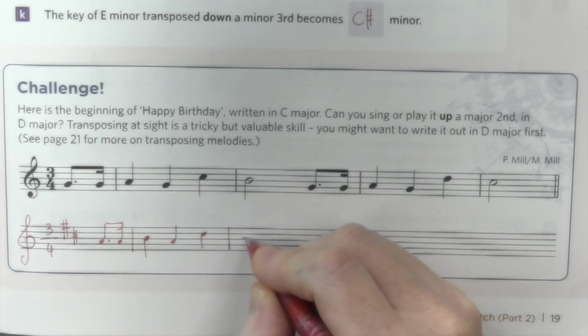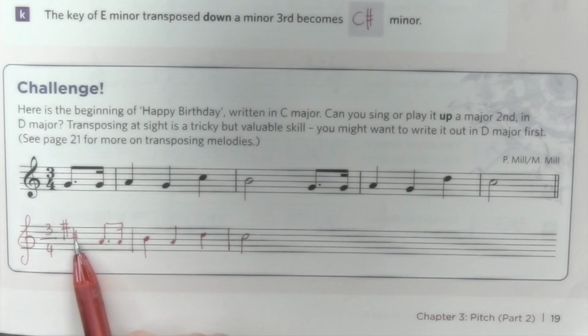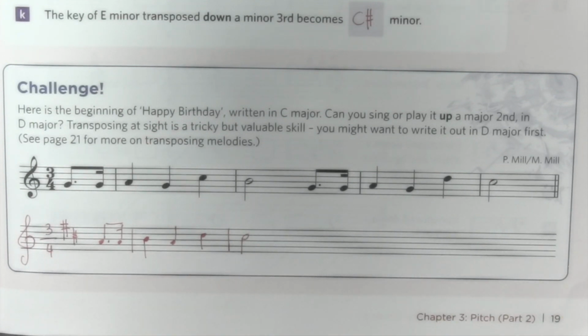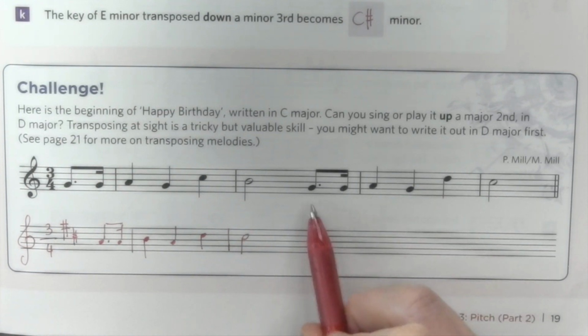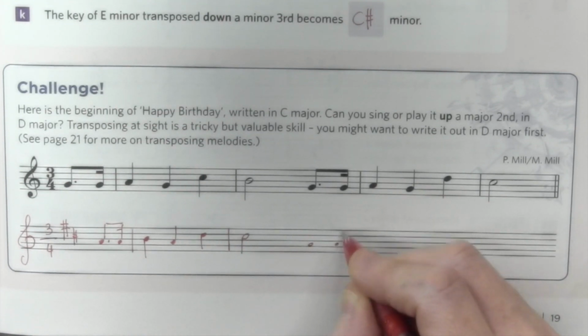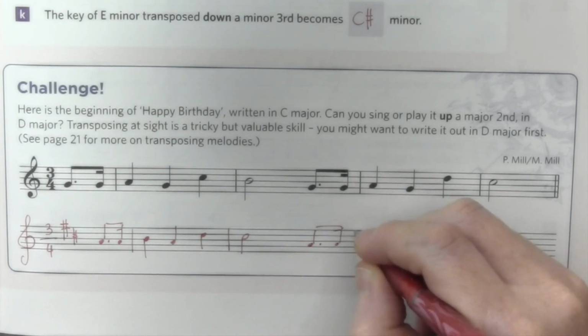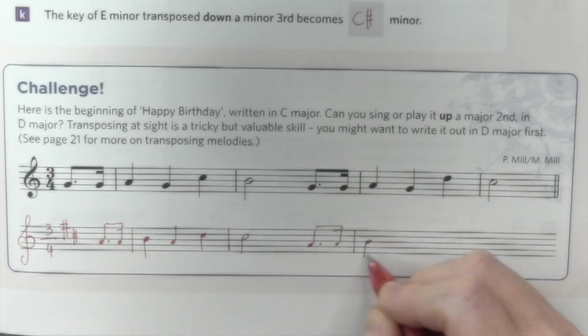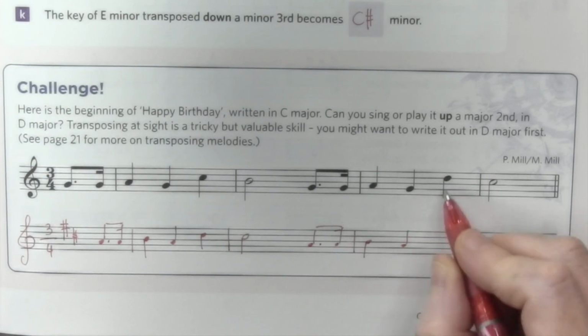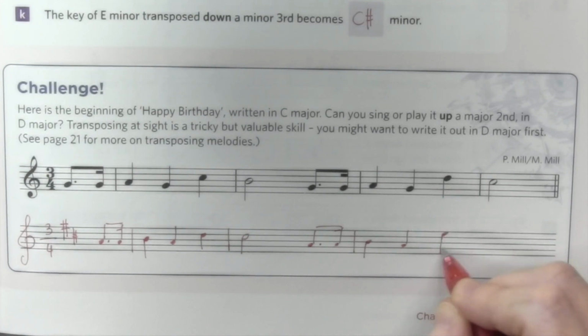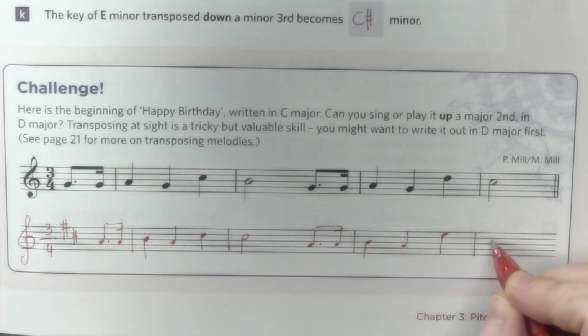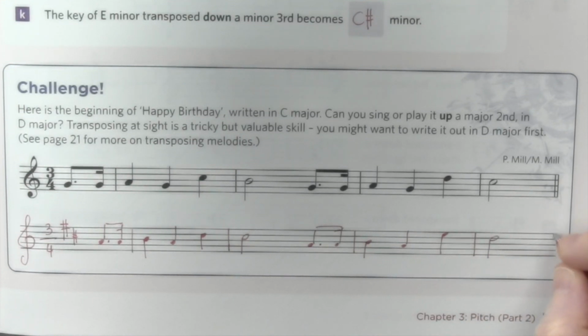Okay, but the sharp is already in the key signature, so we don't need to do anything. Just writing Do is enough. Sol becomes La again. La becomes Si. La. Re is Mi. And Do is Re. That's it.